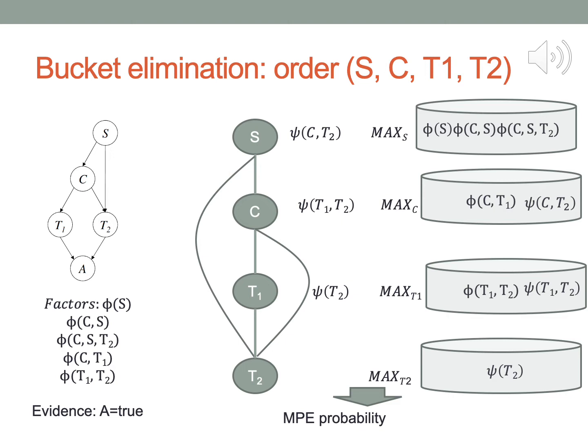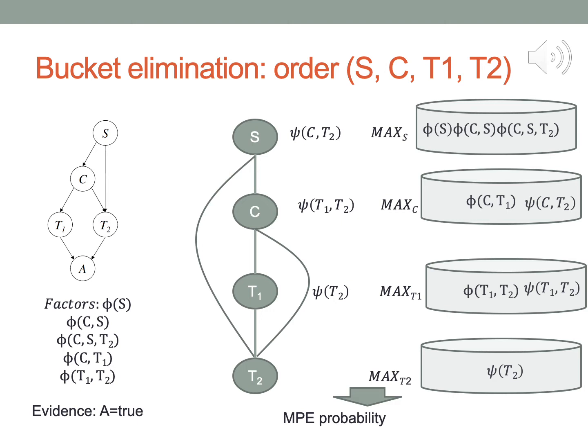And we put that function in the appropriate bucket. By appropriate bucket, I mean the same process as before: we put the function in the bucket of the highest ordered variable appearing in the function.